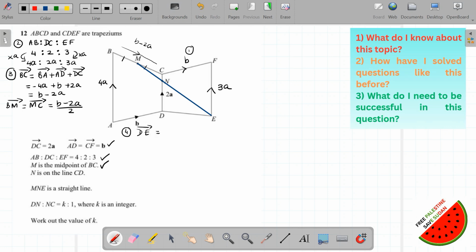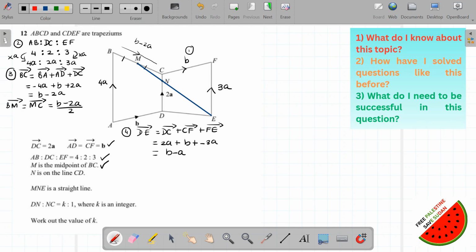Write out the journey: it'll be DC plus CF plus FE. DC is 2a, CF is b, FE is minus 3a. So 2a minus 3a is minus a, and it becomes b minus a.